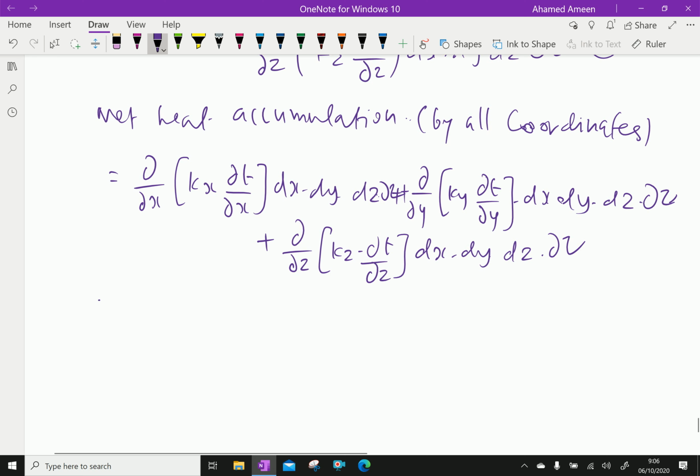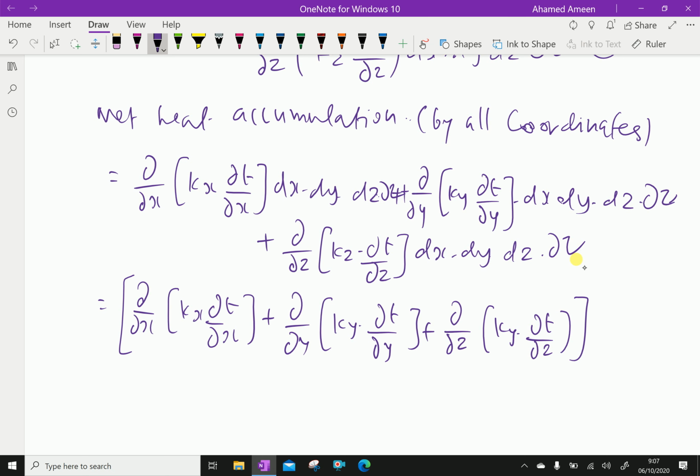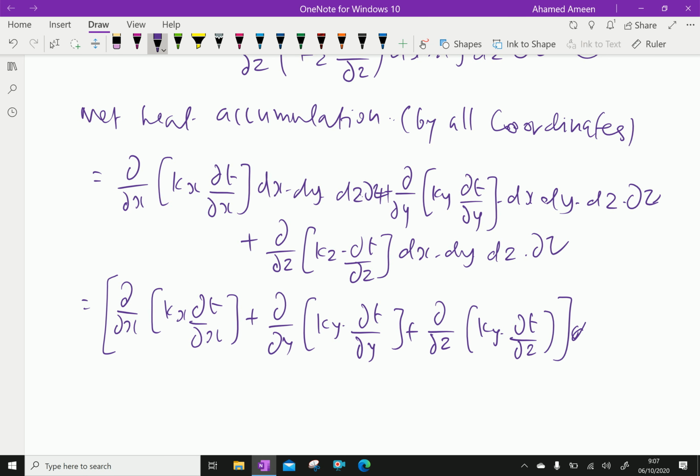So we can write this as ∂/∂x (kx ∂T/∂x) plus ∂/∂y (ky ∂T/∂y) plus ∂/∂z (kz ∂T/∂z). This all is multiplied by the common factor of dx, dy, dz and dot tau.